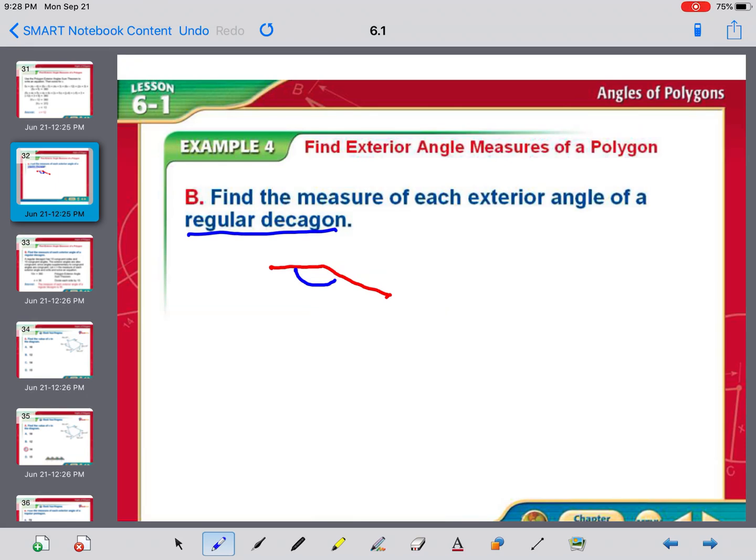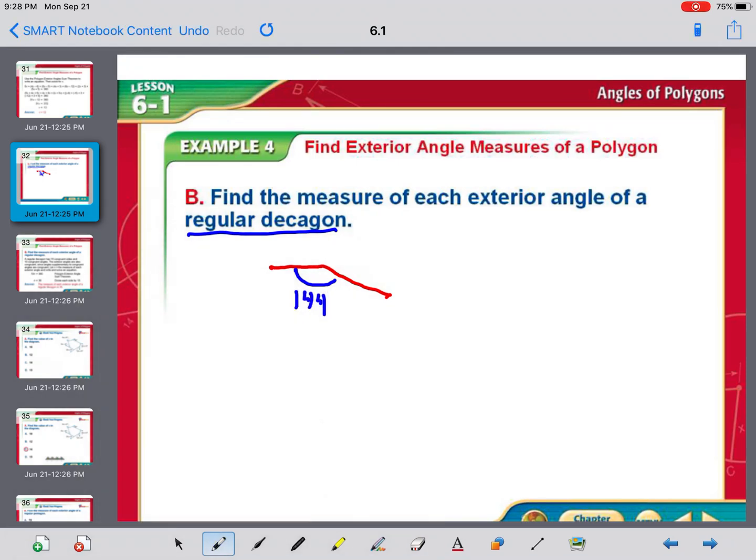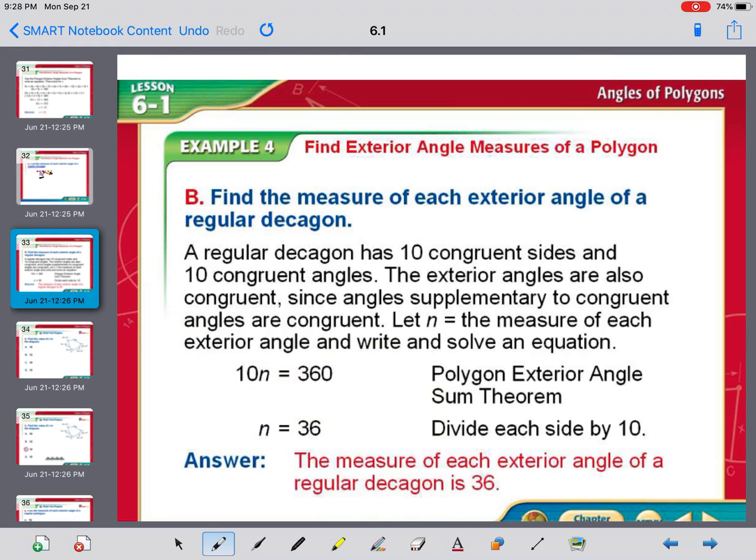Going way back to our chart, one interior angle is 144. Then what's the measure of the exterior angle? Well, I hope you see that these two have to be supplementary, have to add up to 180. So if this one's 144, then this one over here is 36.